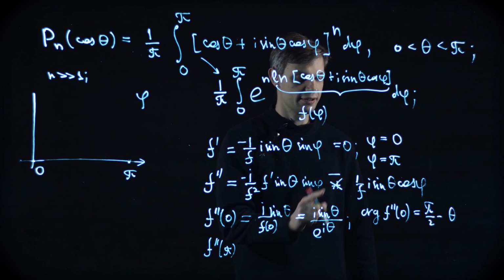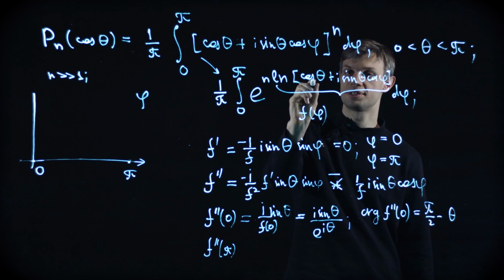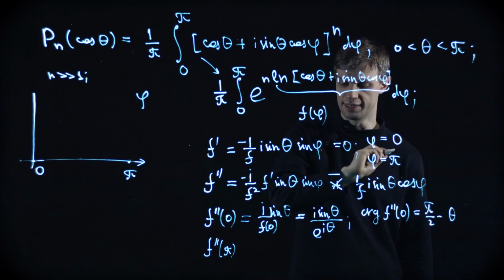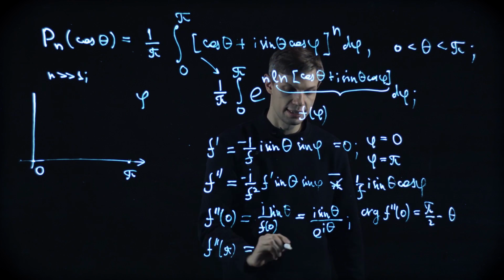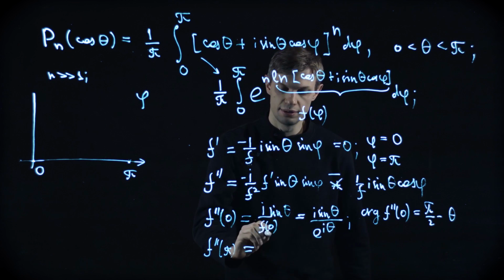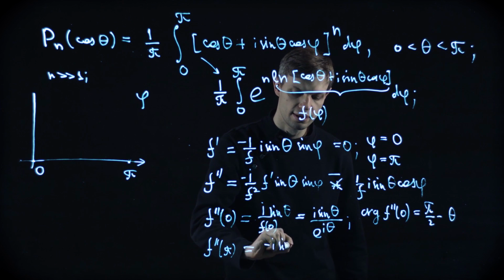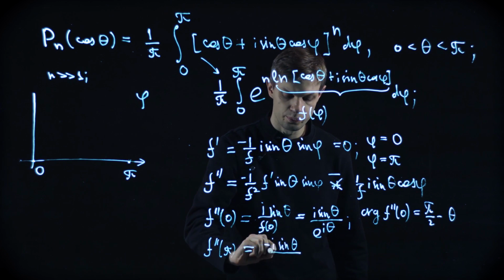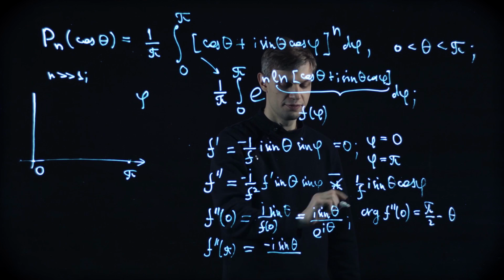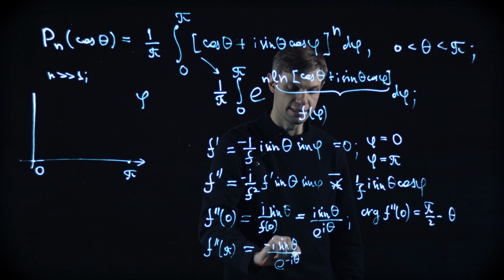So we simply plug phi equal to π into our f function, and we get cosine theta minus I sine theta. And we plug it in here as well. So now we have minus I sine theta divided by f of 0, which is e to minus I theta.